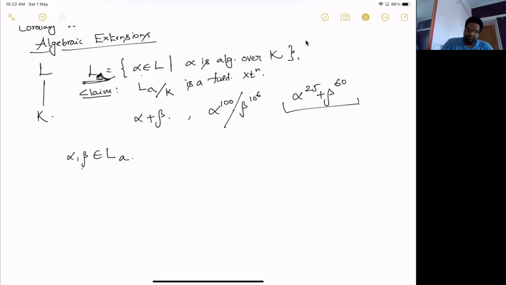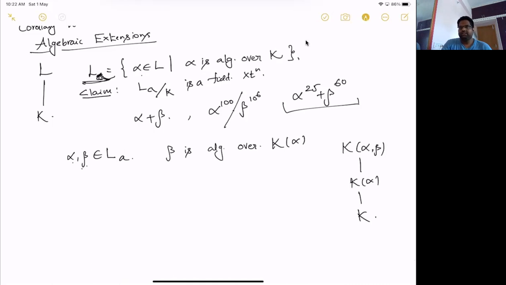Okay. So suppose alpha and beta are two elements in L sub A, so they are algebraic. So beta is algebraic over K and alpha is algebraic over K. In particular, beta is algebraic over K of alpha. So you consider K of alpha, beta over K of alpha. That is the extension I'm going to consider.